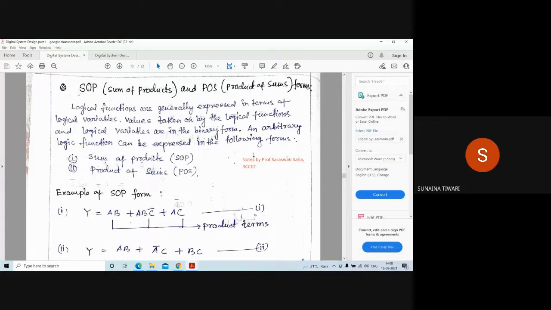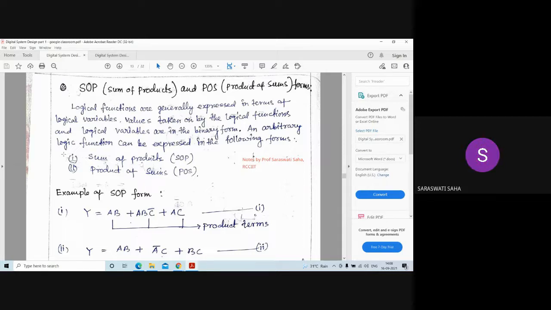Low. Then what will be the output in case of an XNOR gate? High. Clear?